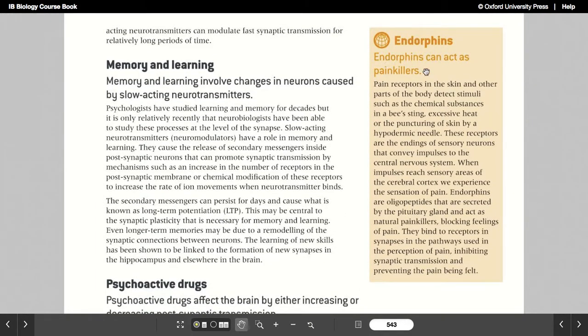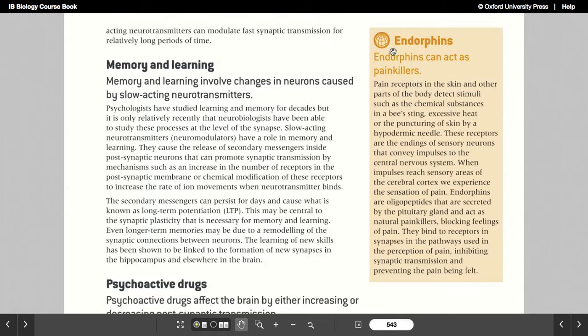And then I also want to talk quickly about endorphins. Endorphins are natural molecules that we find in our bodies that act as painkillers. They bind onto our receptors and are kind of inhibitory. So they'll stop passing the signal of pain, so then we don't feel pain.